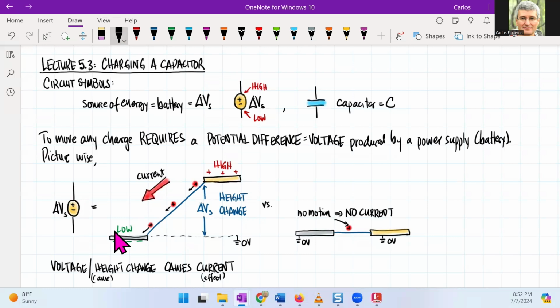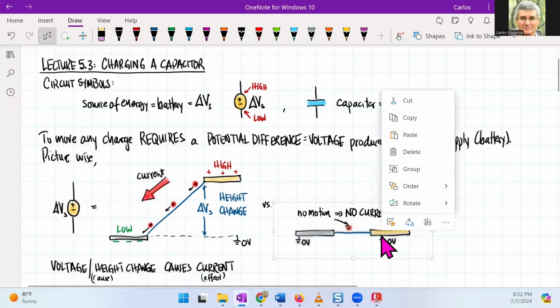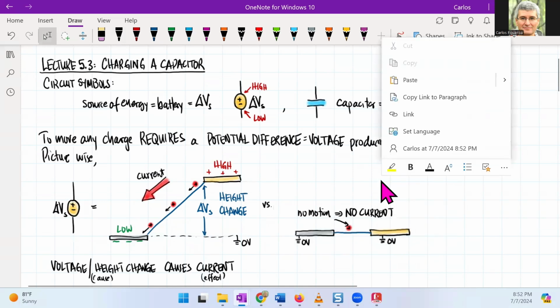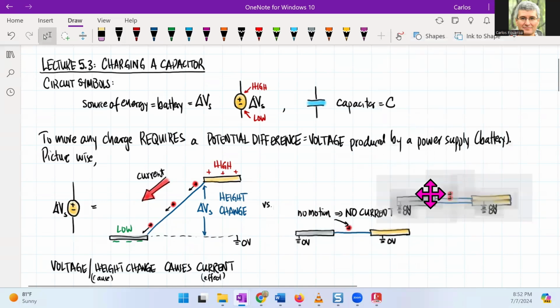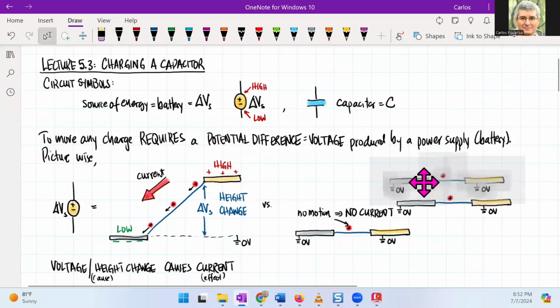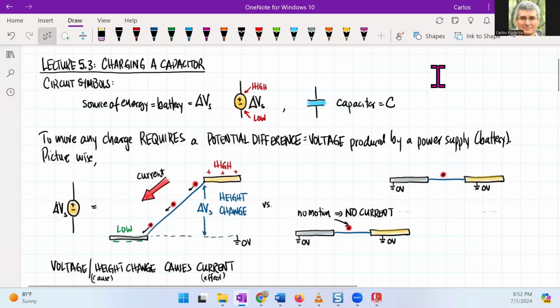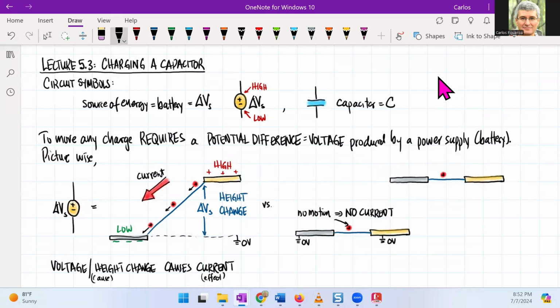On the other hand, I could have the exact same situation as this, but now it's not on the ground. It's at a high potential here. So in other words, these guys are now higher from the ground. So remember, this is how I do that.